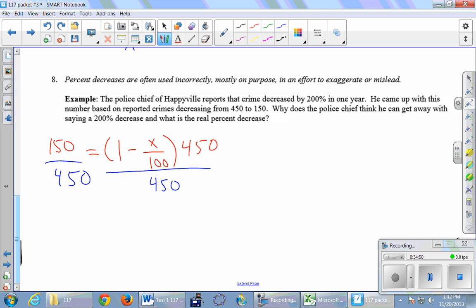We're solving this equation and we're going to get that 66%.